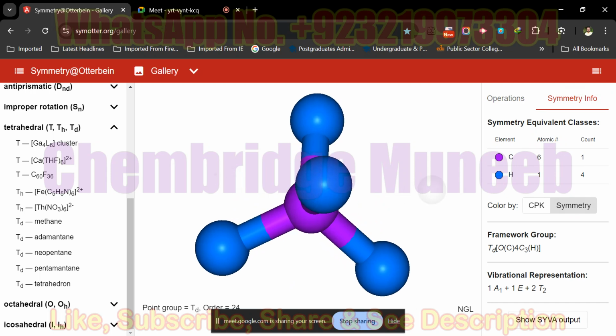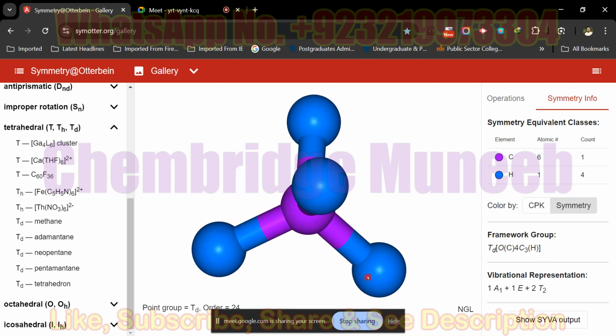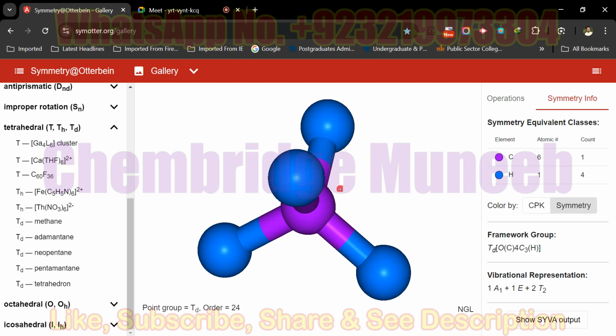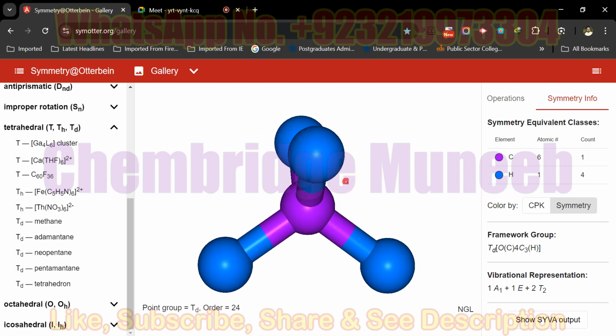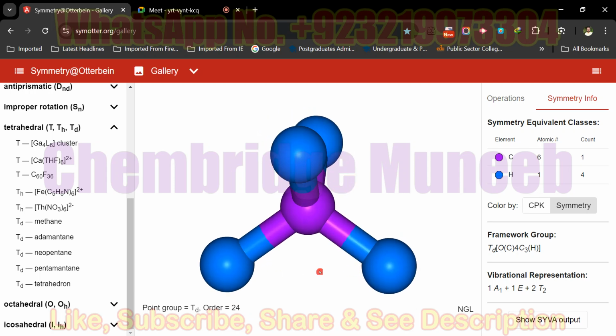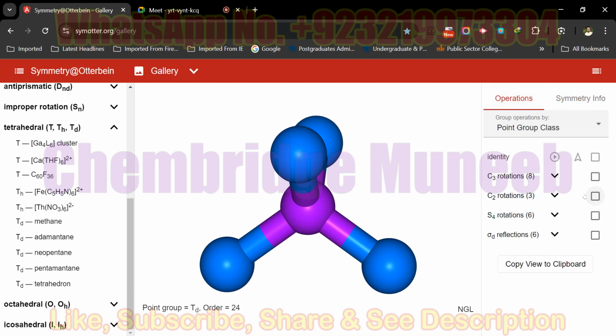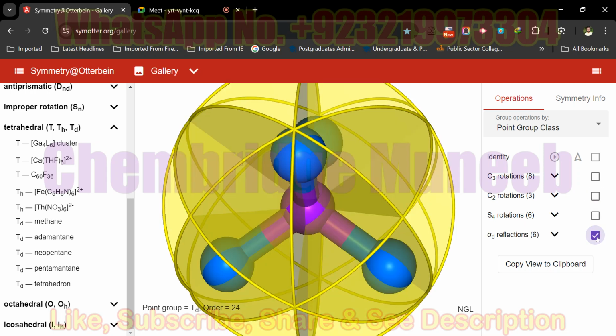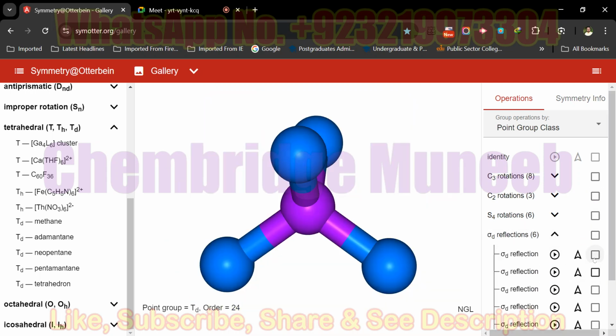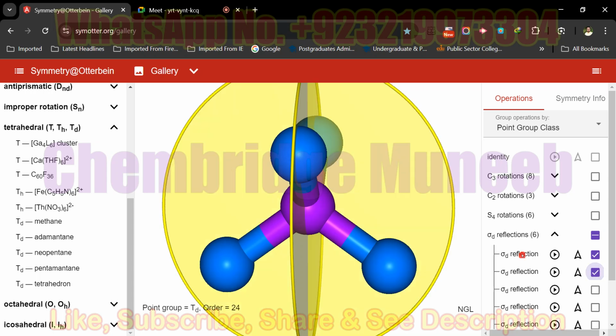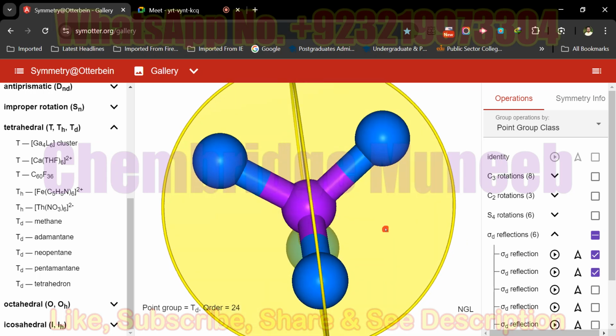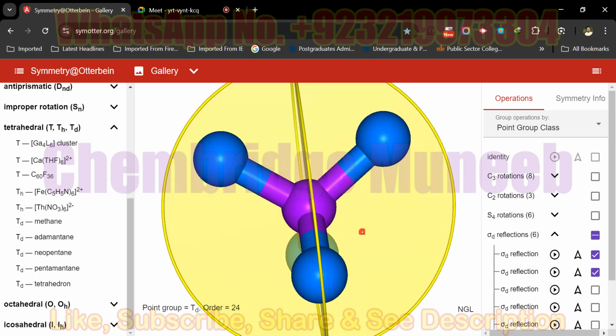Can you see this molecule? Yeah. So do you see that two atoms at the bottom are on one plane, and the other two atoms are on the other plane? These are the two planes here. One plane is over here.